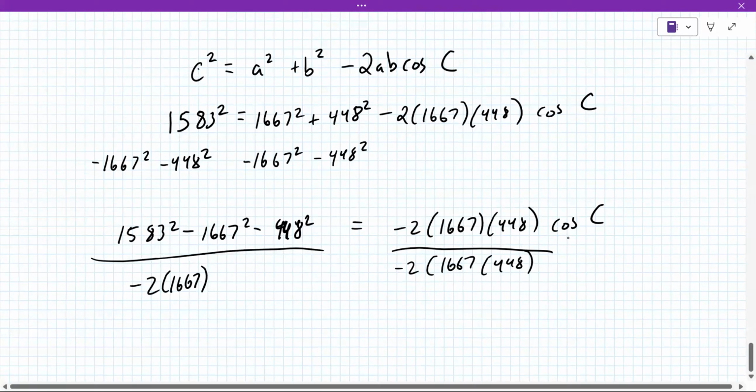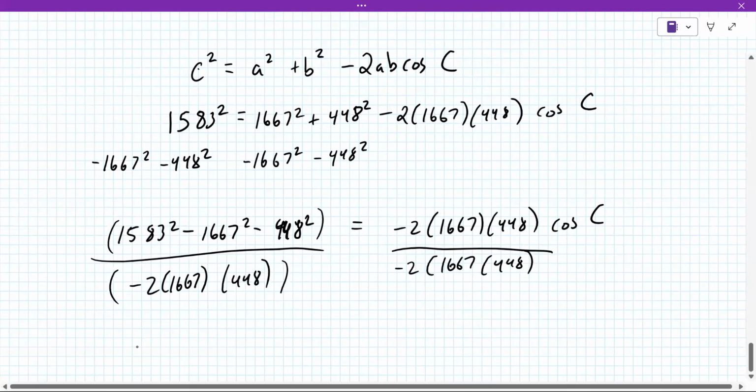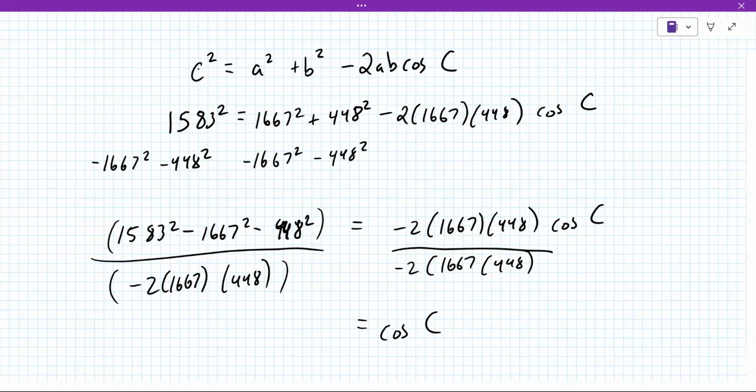And really you want to put all this in your calculator at one time. You don't want to try to do it in pieces. You want to do everything in the top and then everything in the bottom. So I got 1.77. Okay, that could be a problem. Let me check.